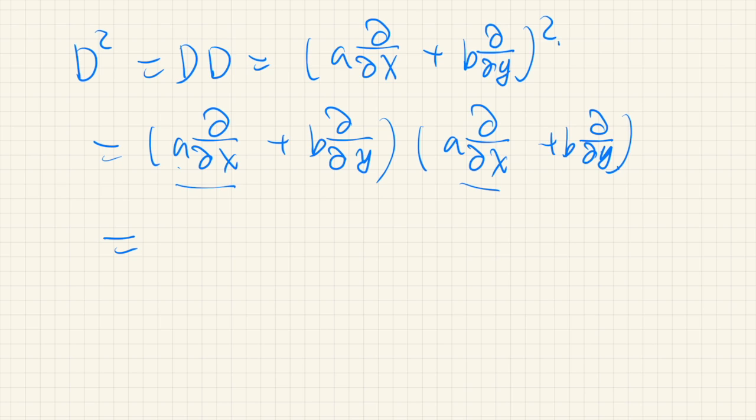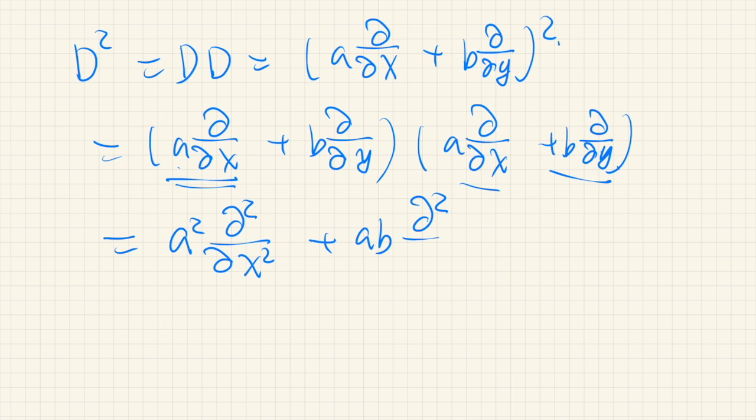So we have a squared and the second order differential operator. And this times this is ab d/dx d/dy. And ba is equal to ab, they're just real numbers, constants.